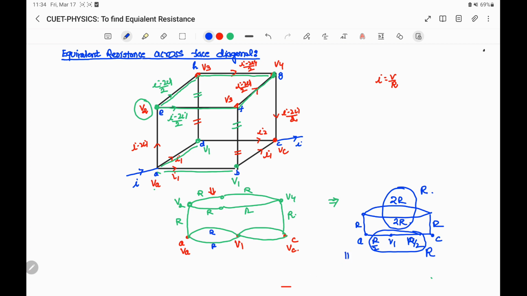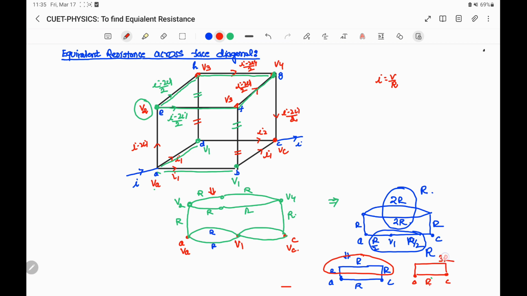So we can redraw this simplified circuit as the points A and C, across which we have to find the equivalent resistance. Here there is a resistance R, a resistance R, a resistance R, and a resistance R. So now these three resistors are in series. We can draw this as AC, R, and this resistance of 3R.